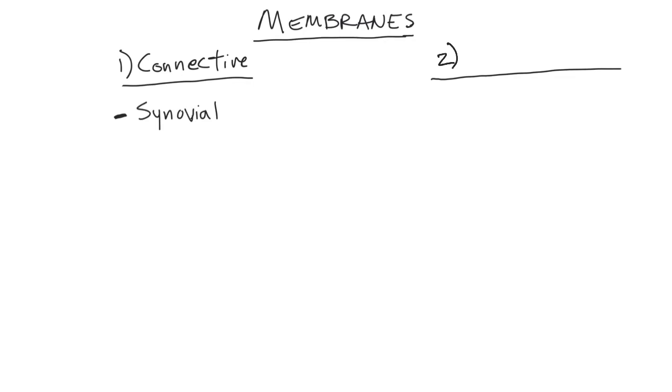All right, and then our second type of membranes are epithelial. We've got mucous membranes. It is a good example of an epithelial membrane. You think, where is mucus produced?